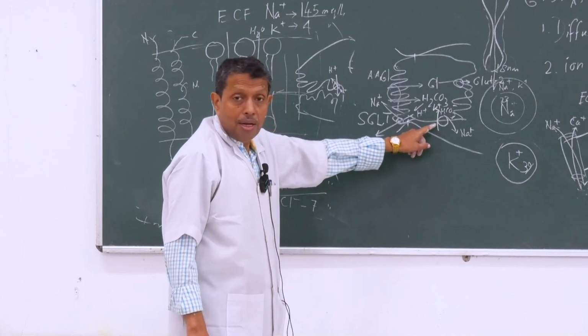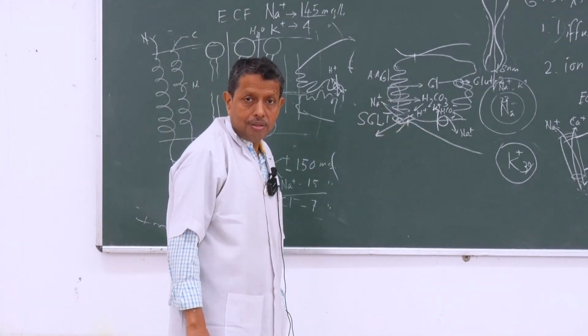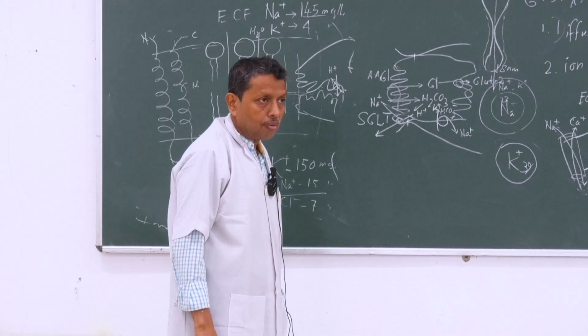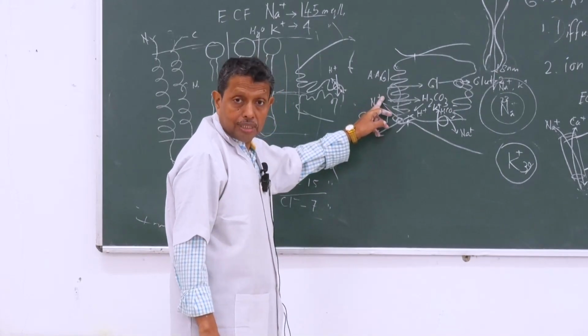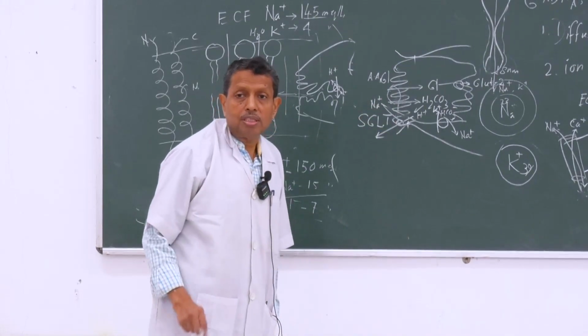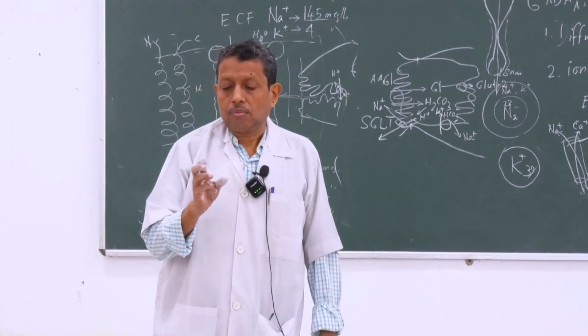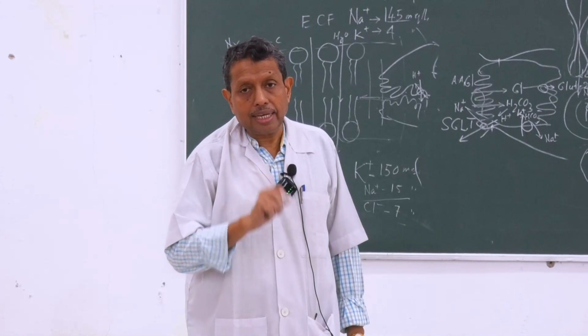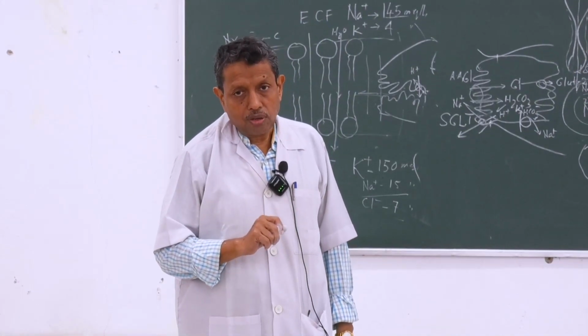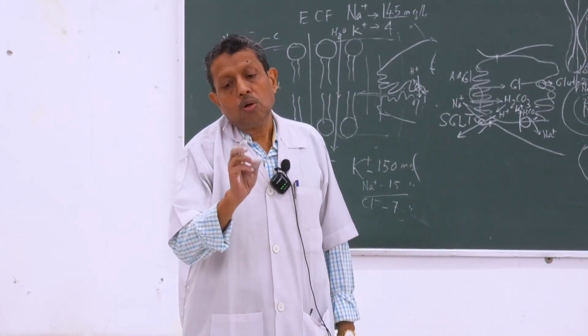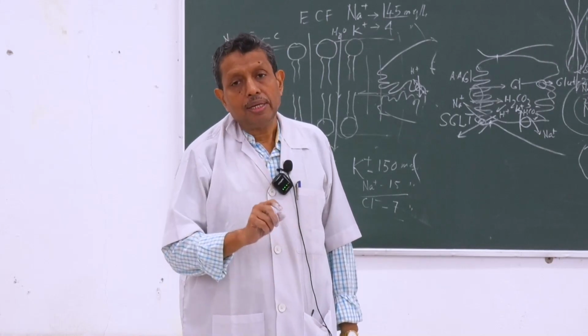Then not only sodium, but the entry of glucose, that is the sodium-glucose transport, and for this reason there is oral electrolyte that is taken in whenever there is diarrhea, vomiting, cholera also, and so glucose is given along with that.